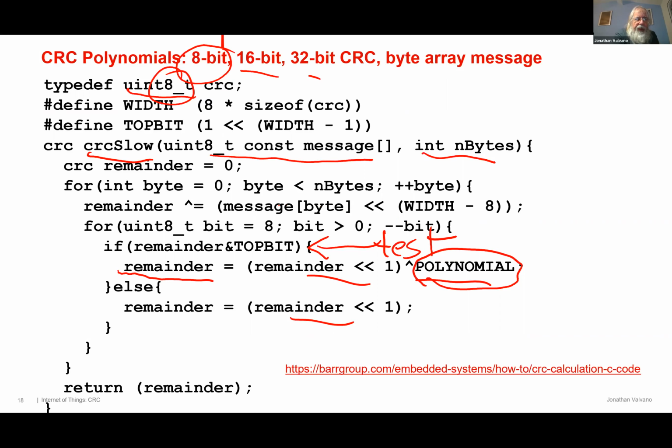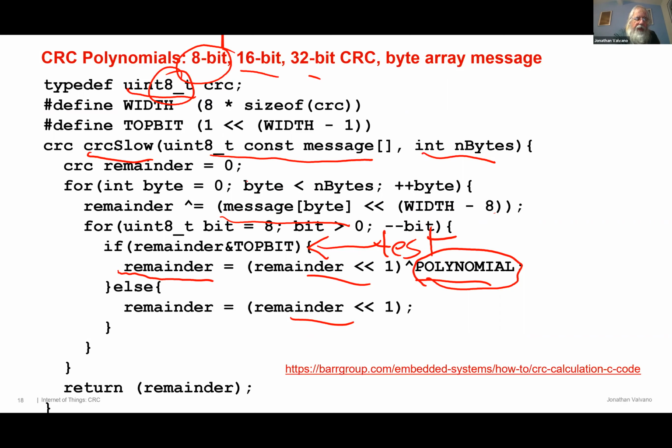And so here, this is a combination. It takes the next byte, sticks it in the back of the remainder, shifts it over, and then adds another one in there. So this is doing a byte at a time.